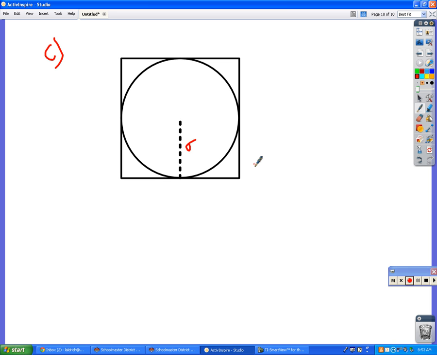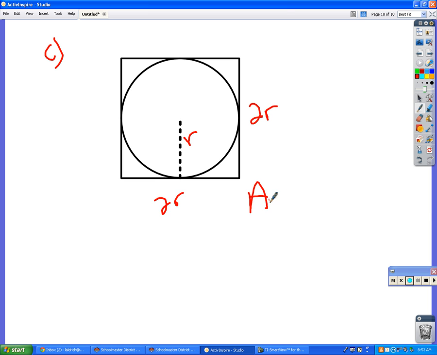Okay, so if the radius of the circle is R, what is the length of the side of the square? 2R. What's this side? 2R.